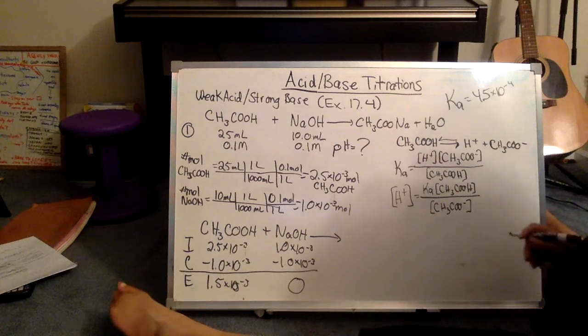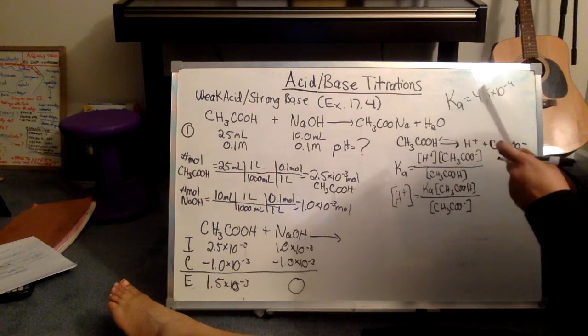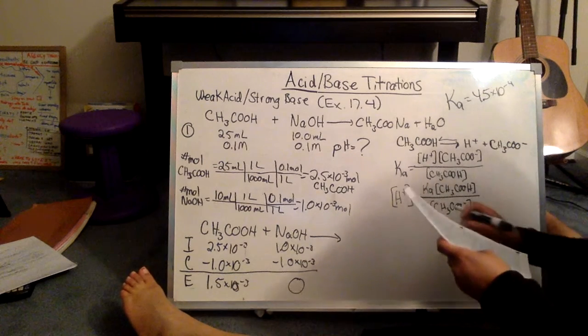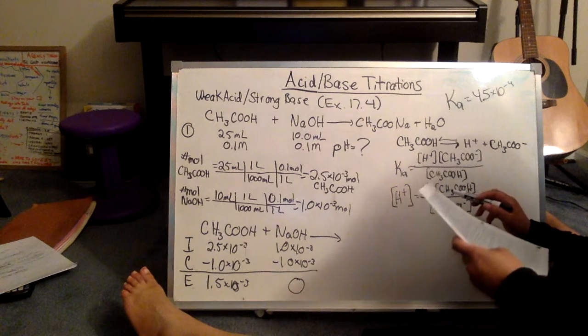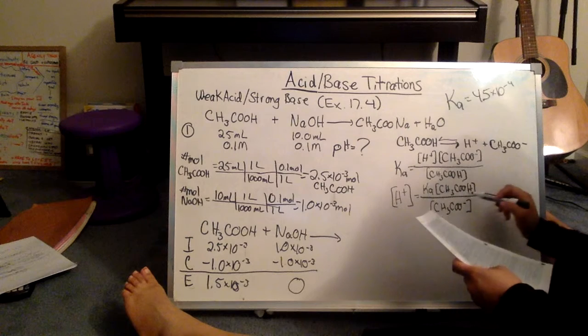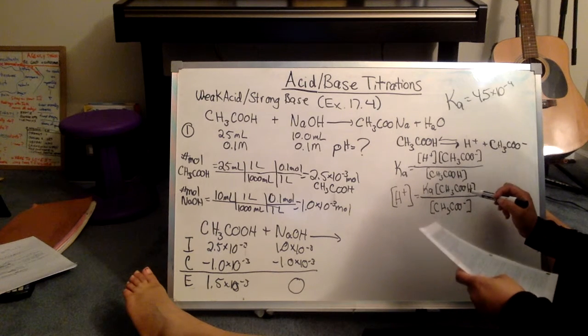All right, we don't need that value. For the concentration of acetic acid, it's 1.5 times 10 to the minus 3.